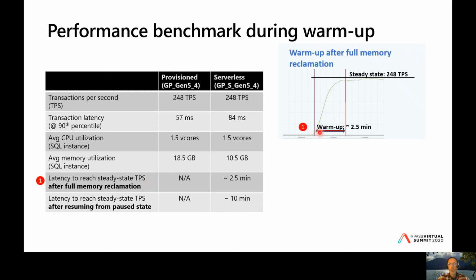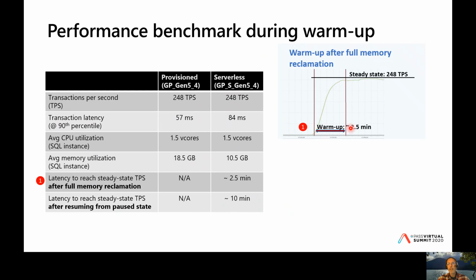So in this test, the workload was spun down at one point for long enough so that usage was low enough that the service was able to go through a full reclamation cycle, at which point we then relaunched the workload and are plotting here the time it took for the database to essentially rehydrate its caches.